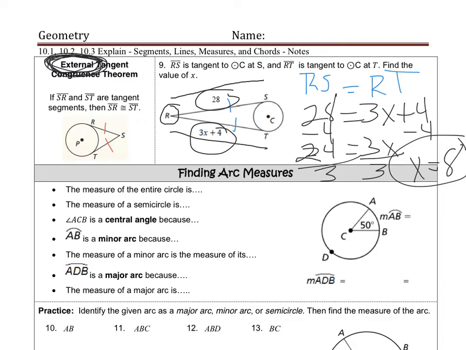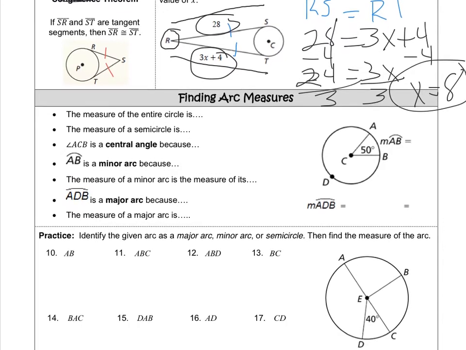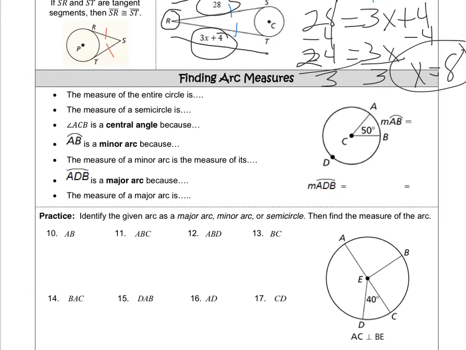Okay, so now we're going to start getting into some new material that wasn't there, and it's talking about finding arc measures. Arc measures are pieces of the circumference. Remember, circumference is the distance around the circle.